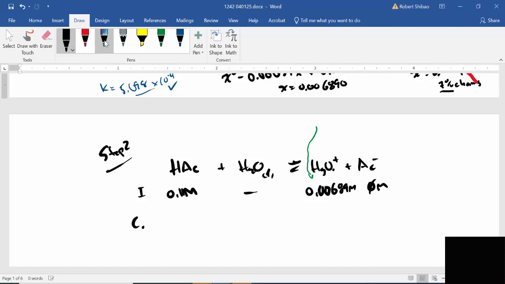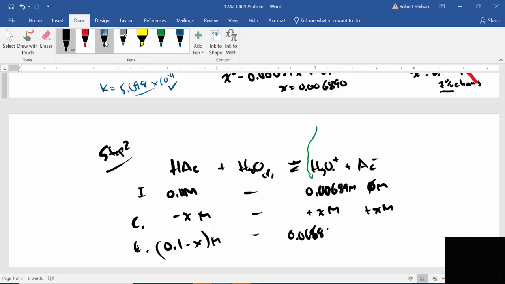The change is not going to be so big because of the common ion effect. It's kind of Le Chatelier's principle. The more product you have, the more it tries to shift it back or resist that change. And so we end up with 0.1 minus x here, molar, and then 0.00689 plus x, molar, and then x molar here.